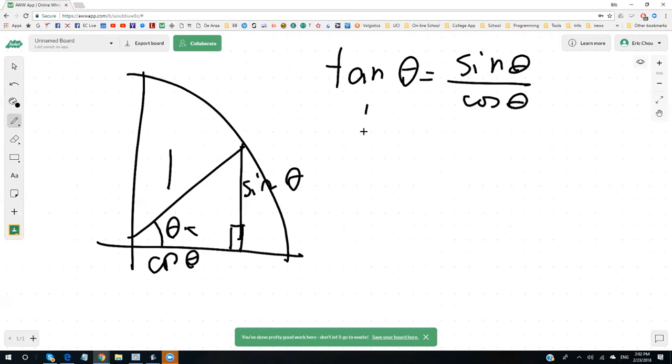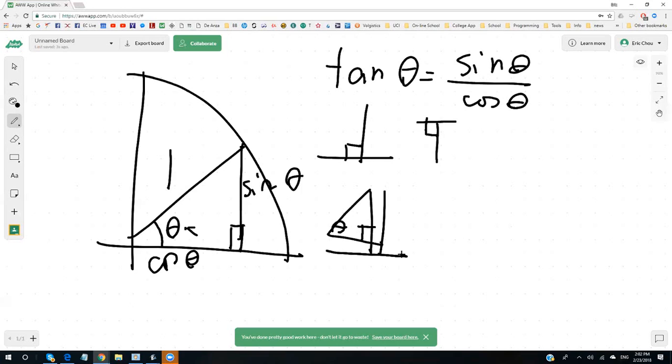The theta is over here, so tangent T is the perpendicular one. When you try to find a triangle, you have a theta, you find the perpendicular one, your base and the perpendicular one.